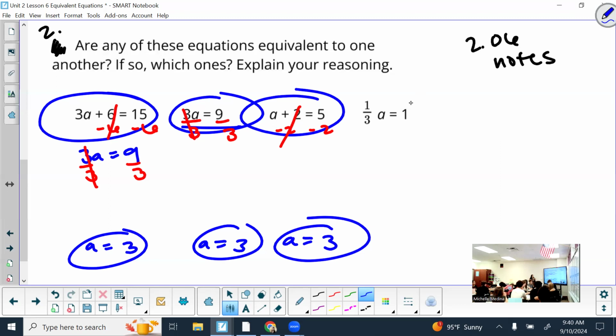How can I make that 1/3 go away? Can you tell me what that 1/3 is doing to the A, table 5? What math is implied when it's a number up against the variable?